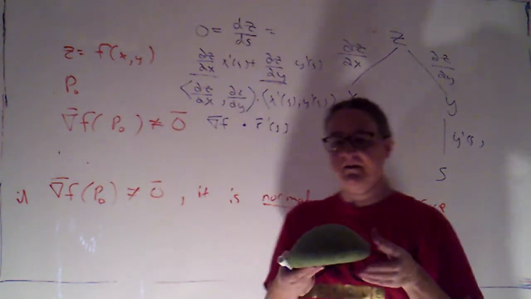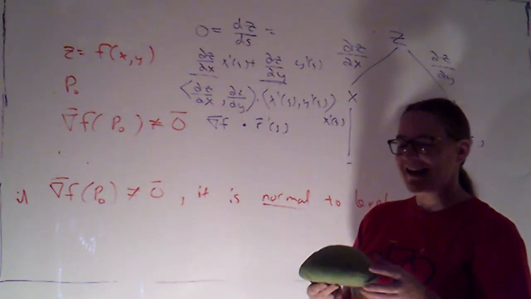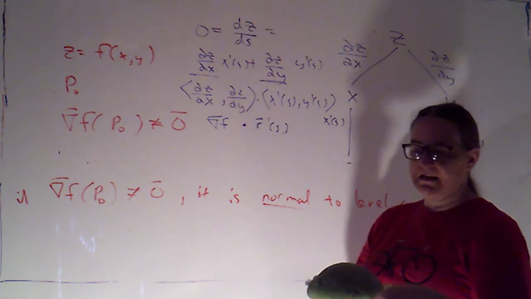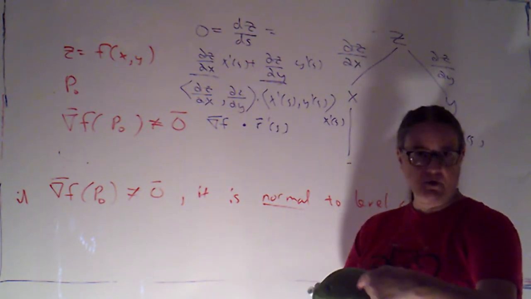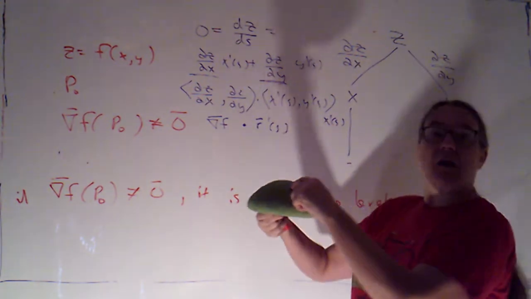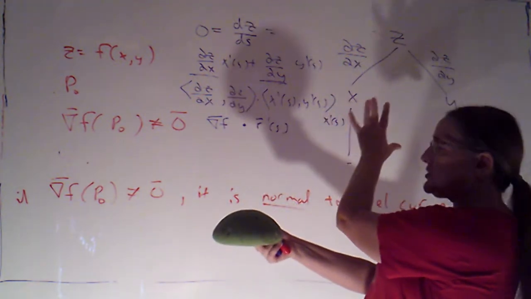Here's a lovely surface. Pretend it's hollow, okay? Now, if there's a point here, there are going to be infinitely many curves that pass through that point, okay? So, and I was applying this to curves.